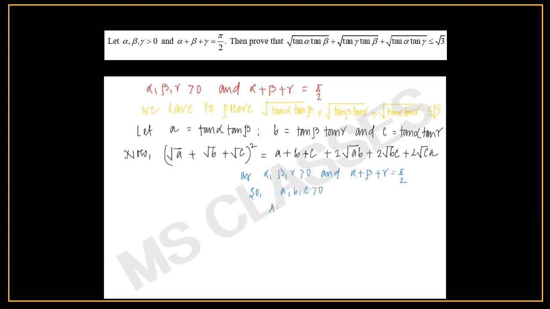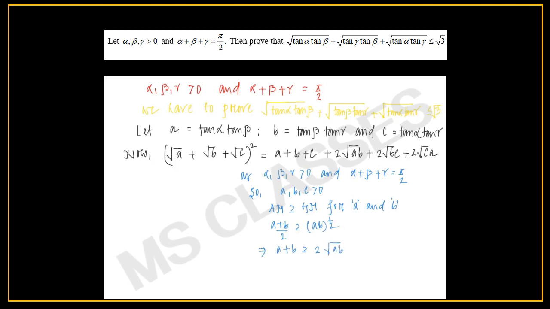Now we apply A.M. greater than or equal to G.M. for A and B. So we can say here (A plus B) by 2 is greater than or equal to (AB) to the power of half. That is, we can say A plus B is greater than or equal to twice under root of AB.